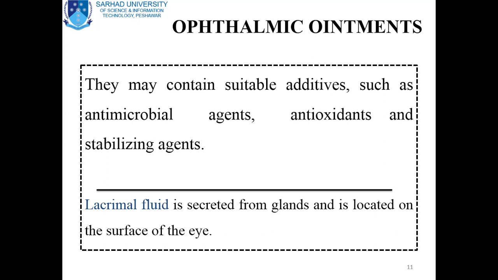Remember that all the ingredients, that is additives, except the active pharmaceutical ingredient, should be selected on the basis of compatibility with the active pharmaceutical ingredient as well as the other ingredients in the formulation.